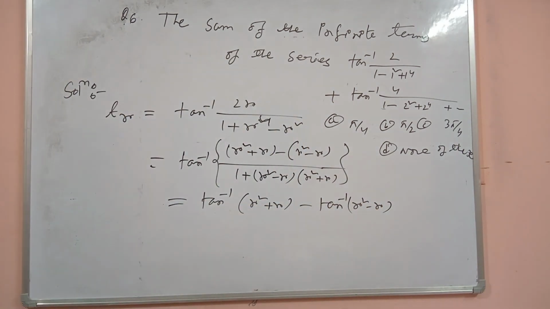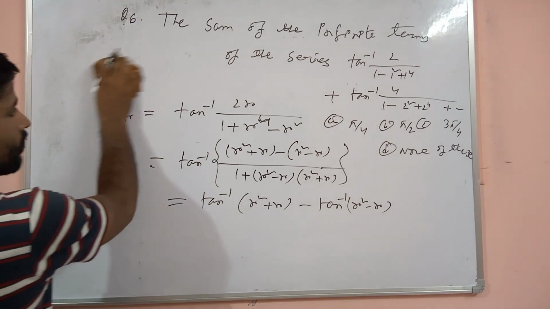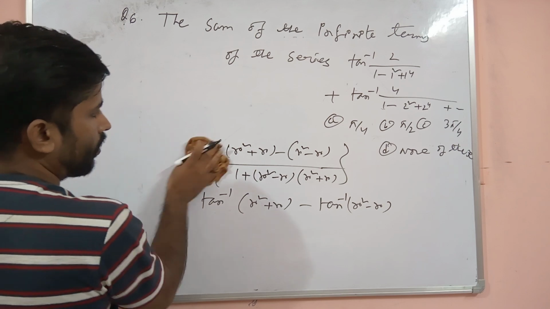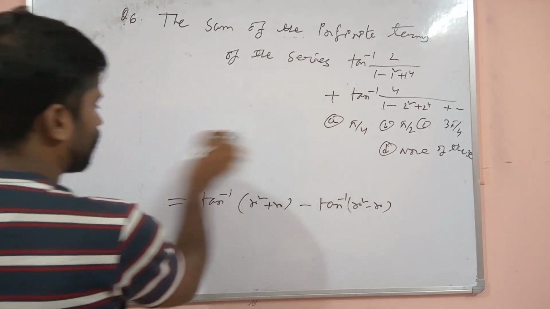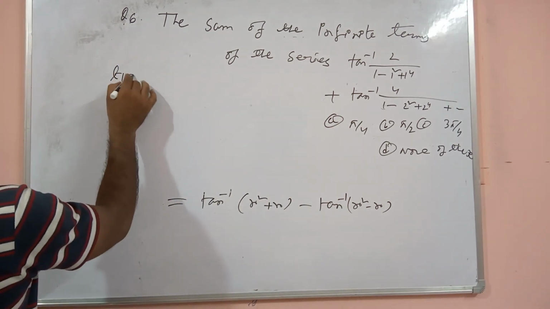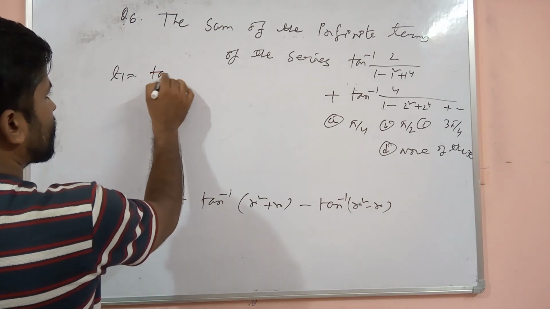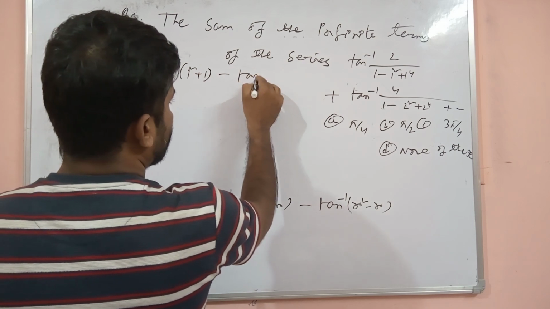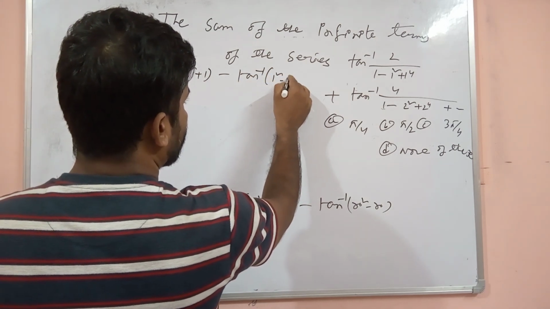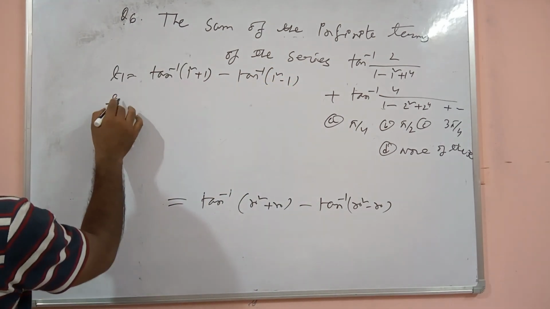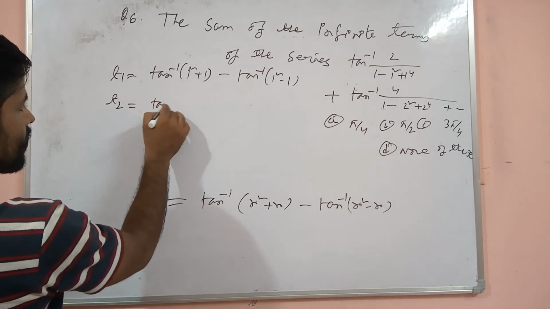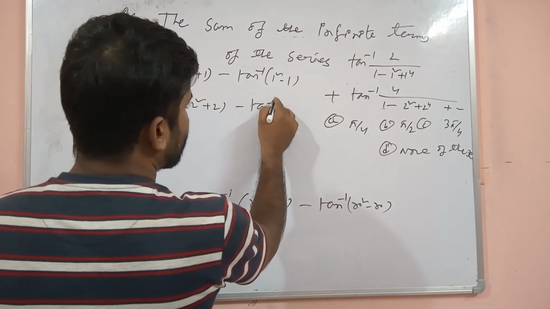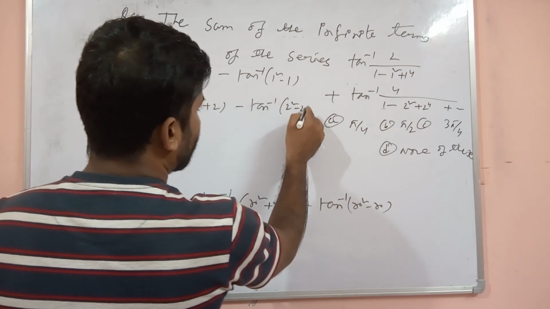So its first term, the suffix 1, is equal to tan inverse 1 square plus 1 minus tan inverse 1 square minus 1. The second term, the suffix 2, is tan inverse 2 square plus 2 minus tan inverse 2 square minus 2.